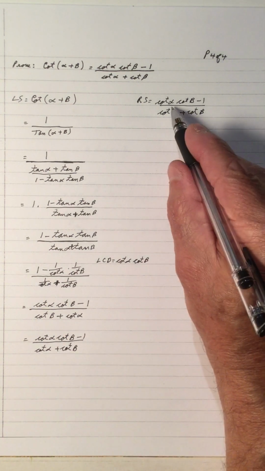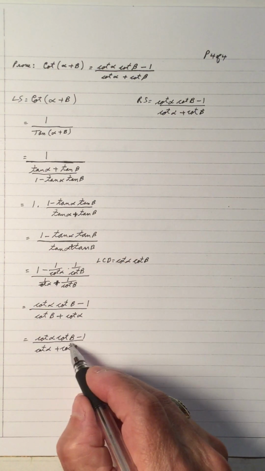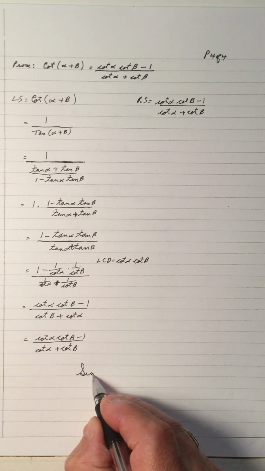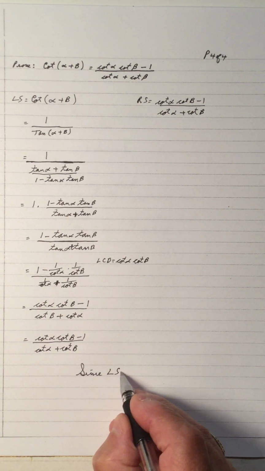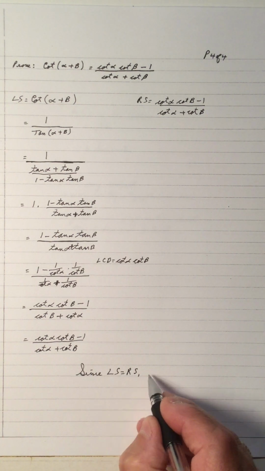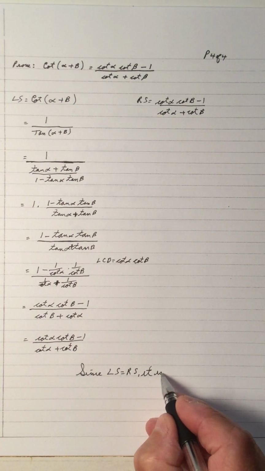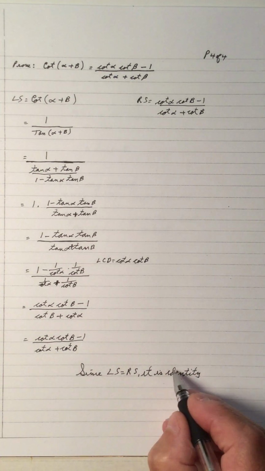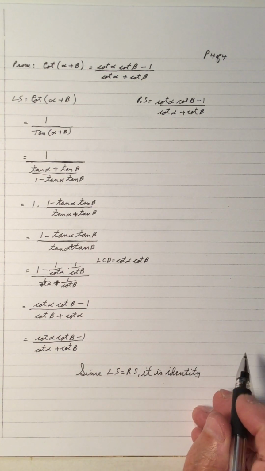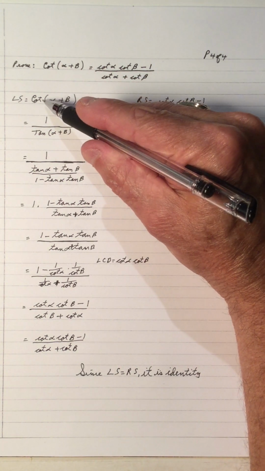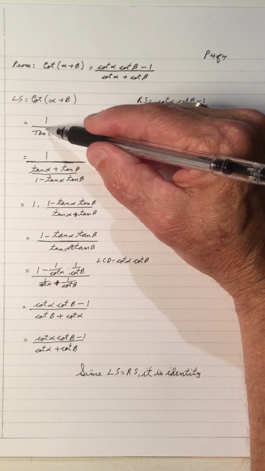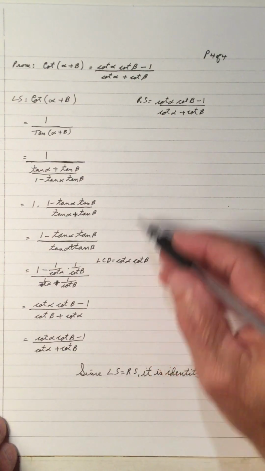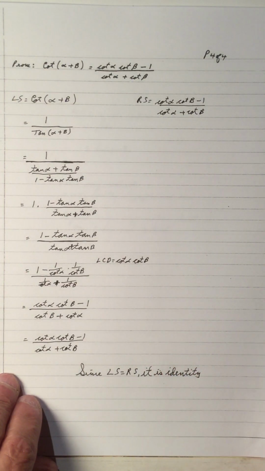And now we have the left side equal to the right side. So since the left side equals the right side, it is an identity. Again, just a little bit different, but using that cot is 1 over tan because of the reciprocal ratio. And doing a bit of math here, we come up with this expression.